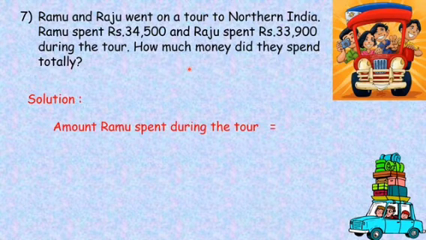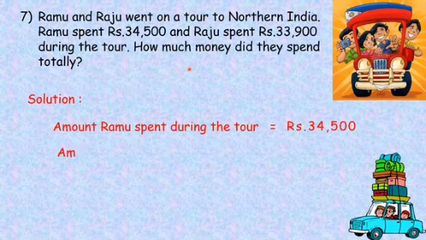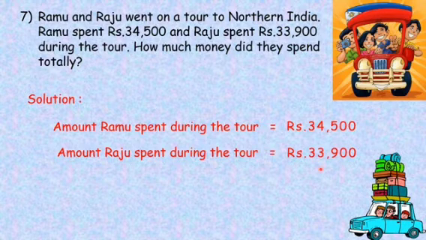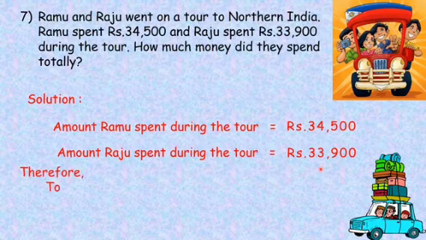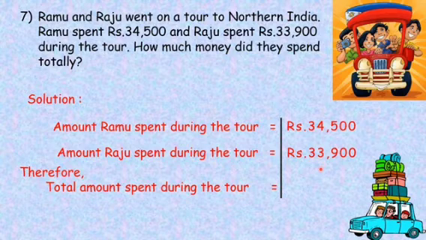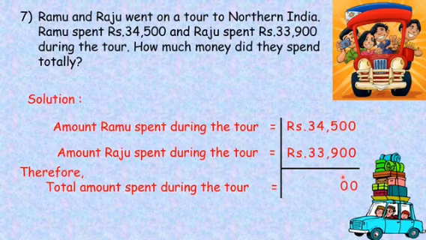Amount Ramu spent during the tour is 34,500. Amount Raju spent during the tour is 33,900. Therefore, total amount spent during the tour is equal to, we have to add both of them. 0 plus 0 is 0. The next place also 0 plus 0 is again 0.